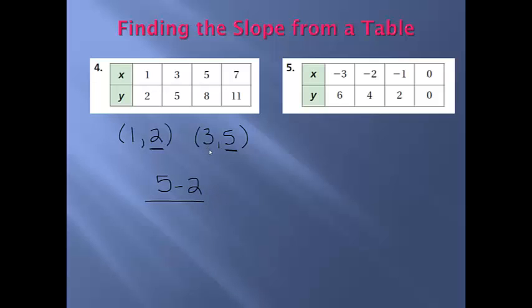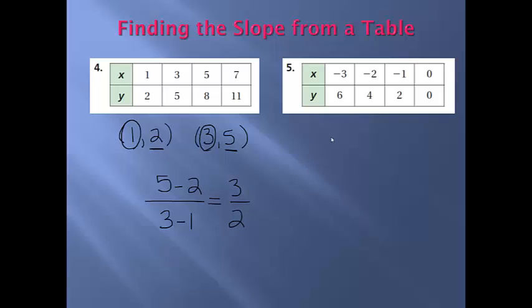For x, we have 3 on the second ordered pair, and we have 1 on the first ordered pair. So we have 3 minus 1. Now we can simplify this, and 5 minus 2 is 3, and 3 minus 1 is 2. So our slope is 3/2.